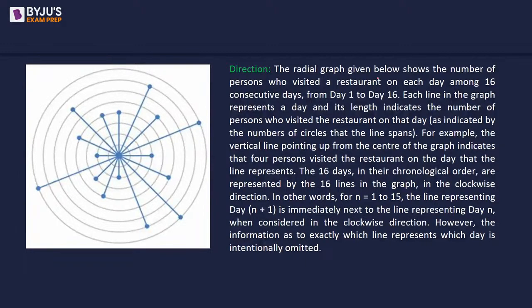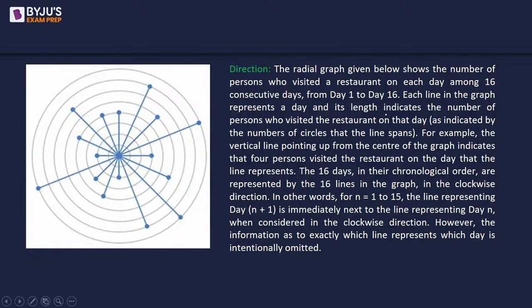The radial graph given below shows the number of persons who visited a restaurant on each day among 16 consecutive days from day 1 to day 16. Each line in the graph represents a day and its length indicates the number of persons who visited the restaurant each day, as indicated by the number of circles that the line spans.